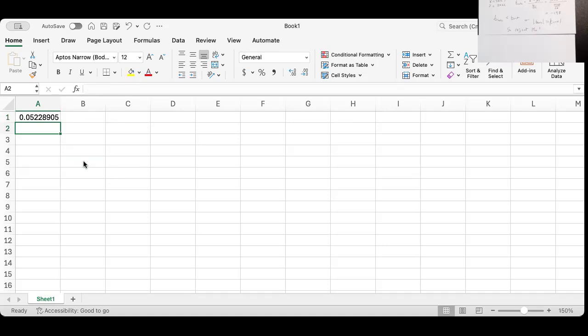So according to Excel, my p-value is 0.052. What does that mean?